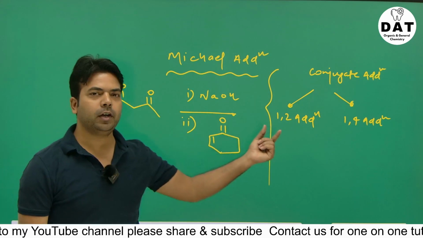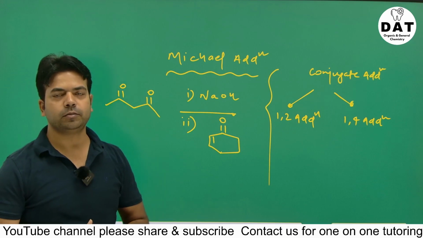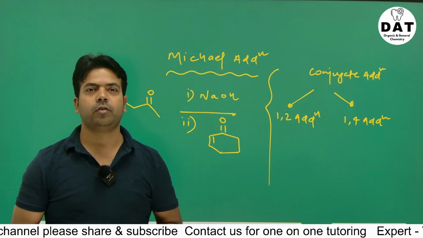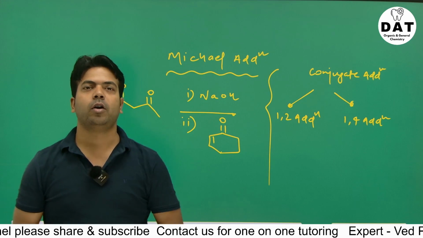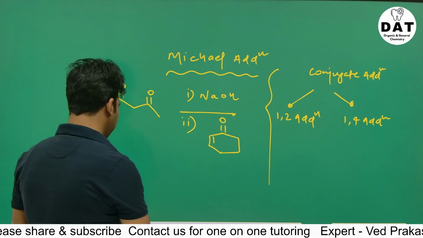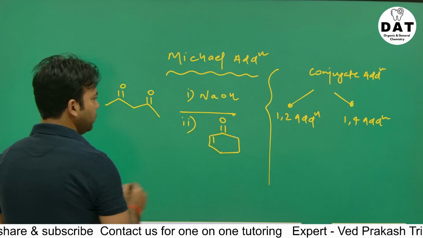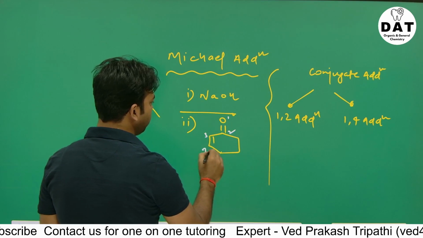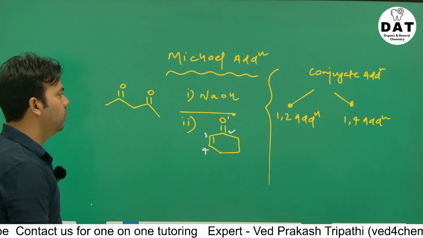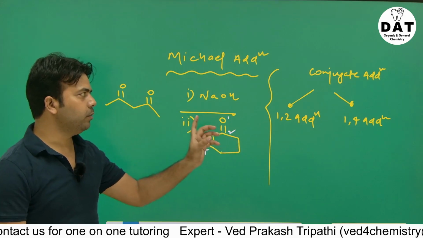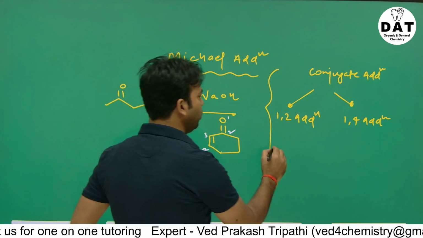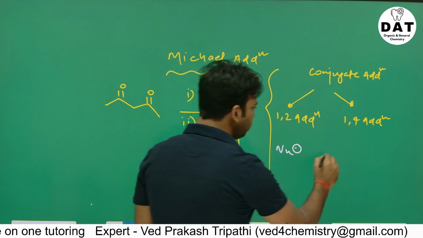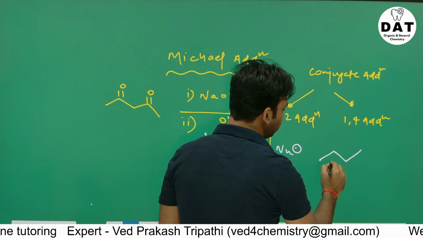So how can we figure out the 1,2 and 1,4 positions? Always start numbering from the oxygen of the carbonyl to the double bond center, like this. So 1, 2, 3, 4. Make sense? So suppose here the nucleophile is going to attack, and this is my conjugated system.